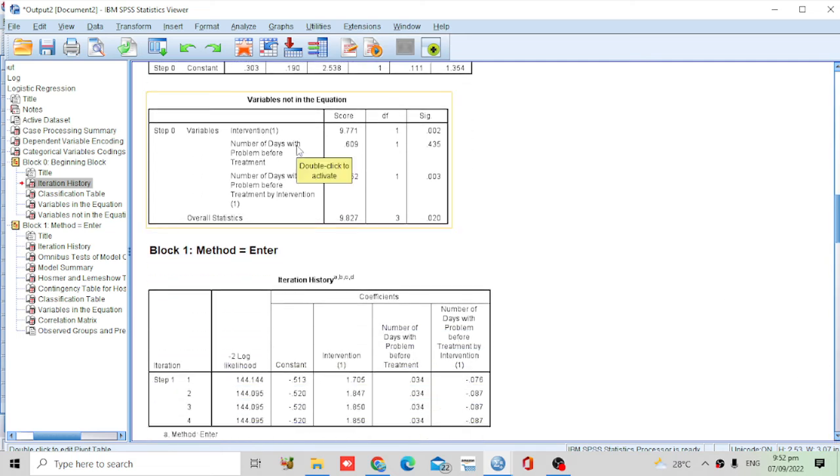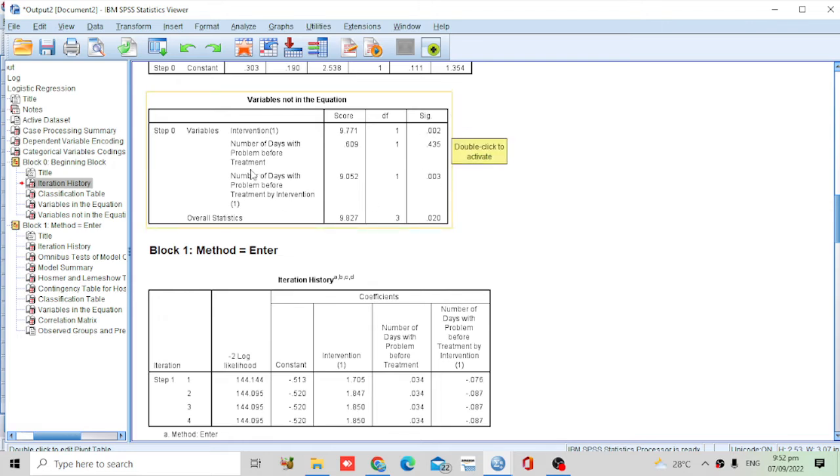So for the variables not in the equation, the overall statistics has a promising model, because as you can see from our overall statistics, the p-value is 0.02, meaning there's an indication that some of our independent variables are significant.